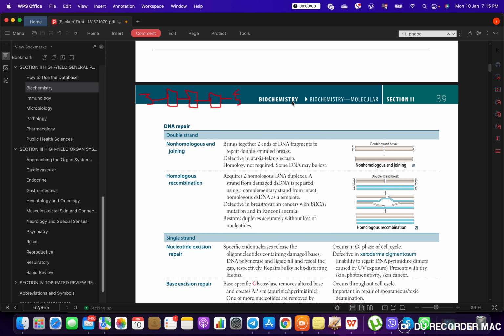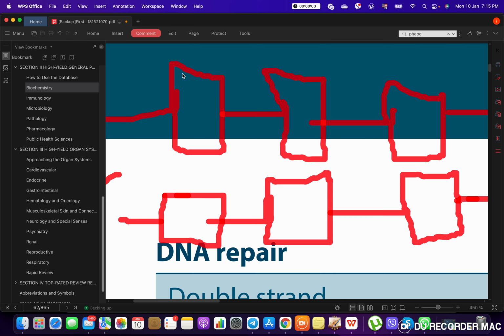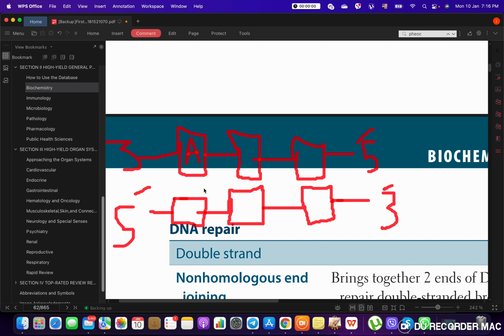Of course, it keeps continuing to this side and to this side. So the strand next to it will be the opposite way, so it will be 5' to 3'. And now I have a question, guys. If the first strand had adenine, what will it face? What will the adenine face?